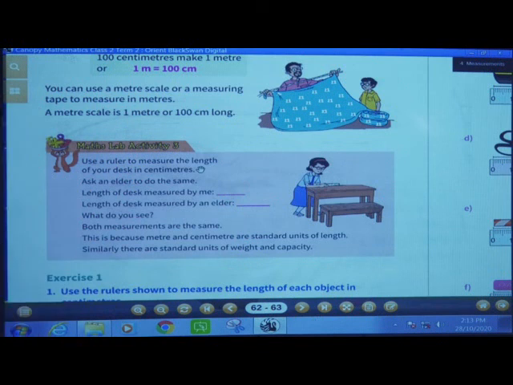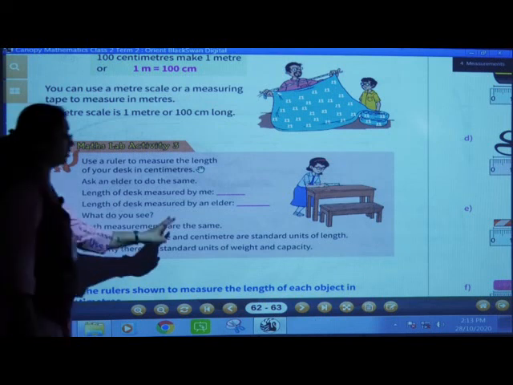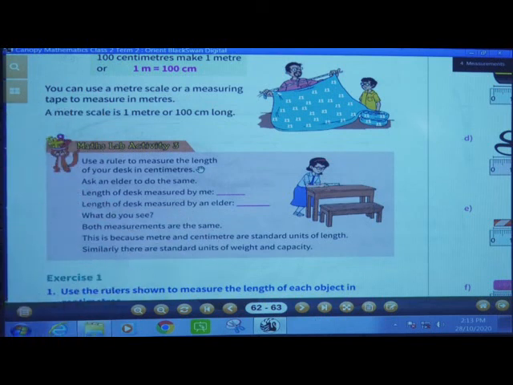It will come in centimeter, and both the measurements will be the same.